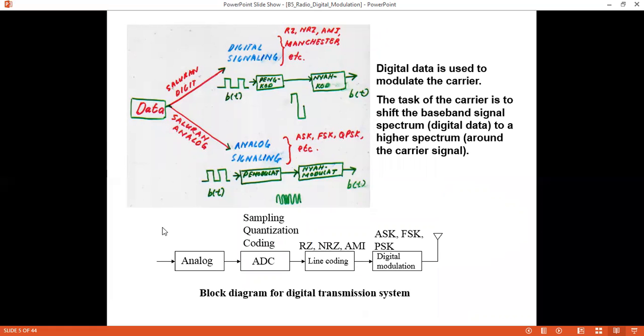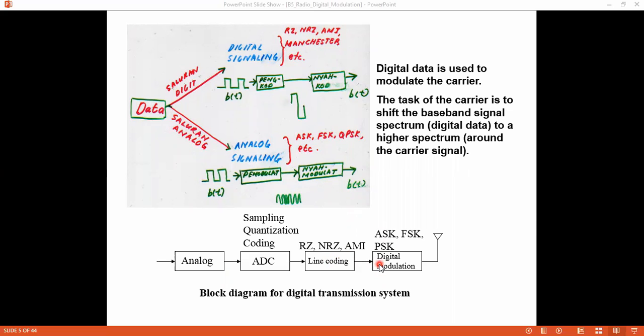Okay, so this is just to show the more complete block diagram of a digital transmission system. What we have learned from chapter 4 is up to here, this one, RZ and RZ-AMI, so the line coding.